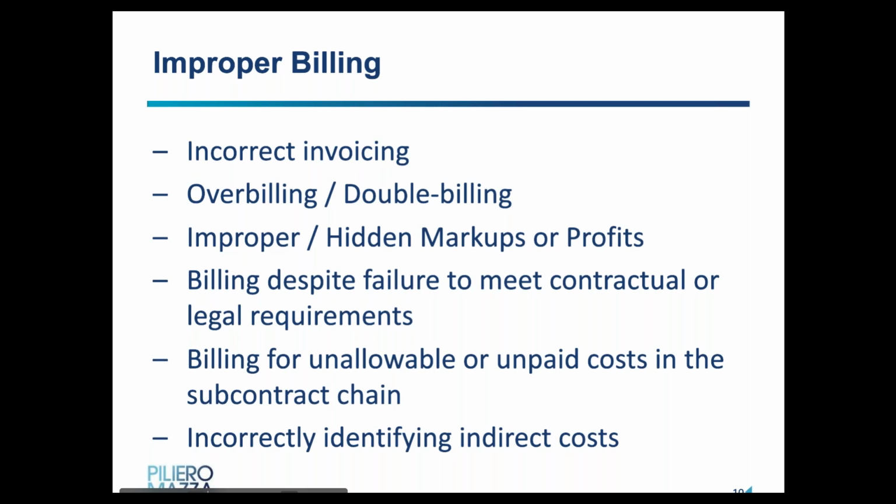We also see scenarios where there's improper hidden markups or profits that shouldn't be charged, either because you're dealing with cost reimbursable CLINs, or where you should be identifying to the government what the profit is and you're adding profit into other line items where it's not supposed to be charged.